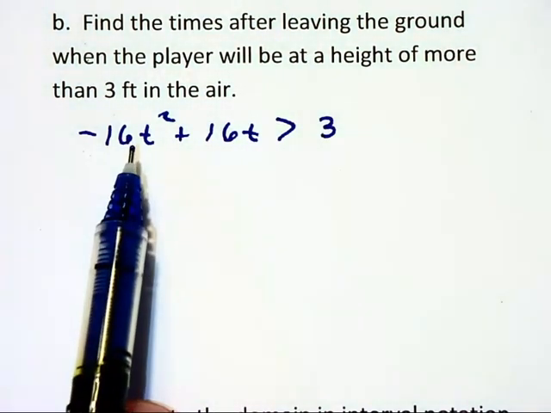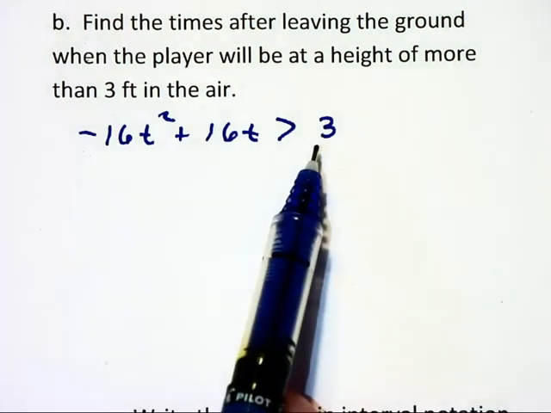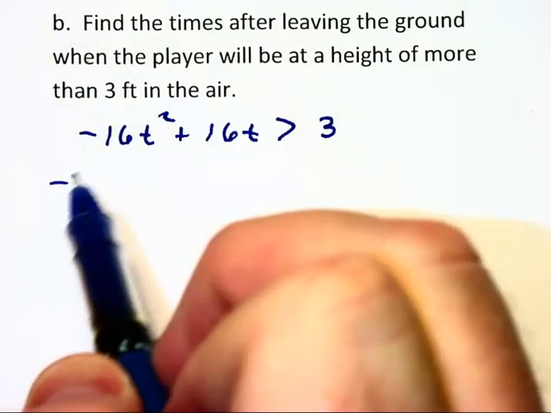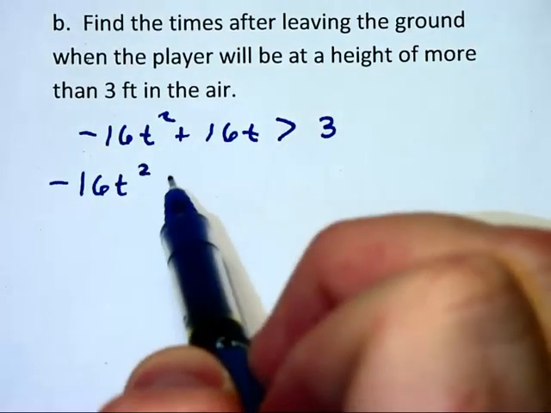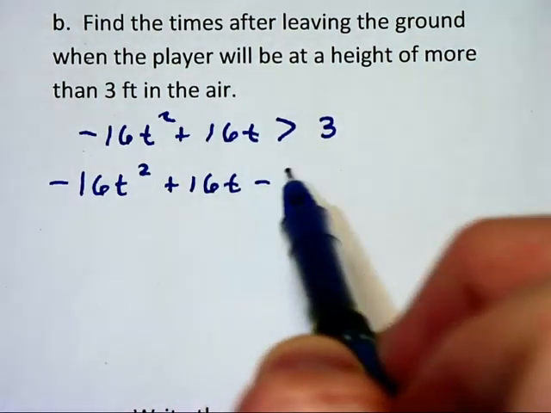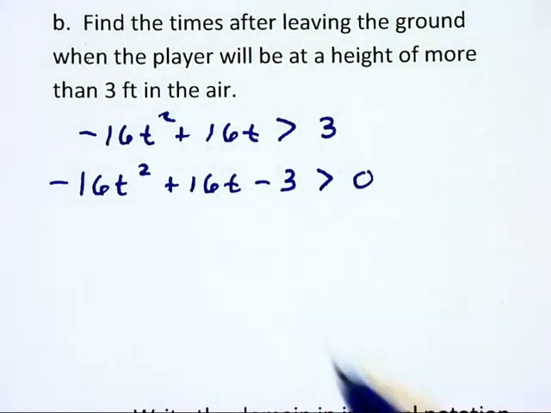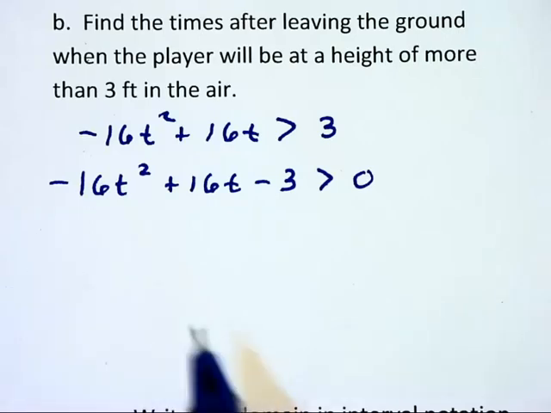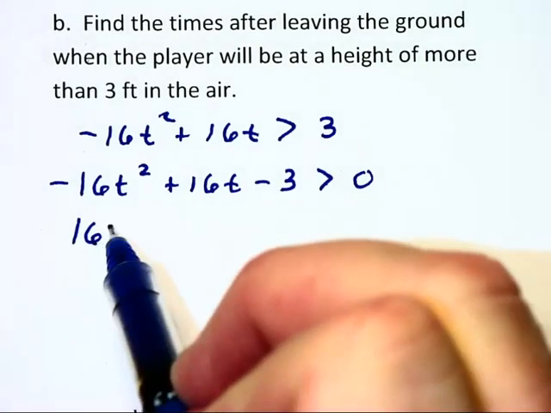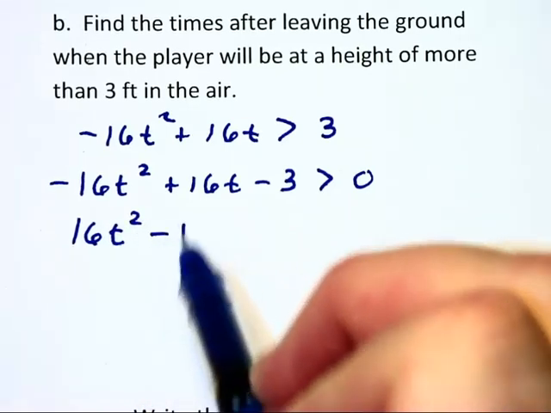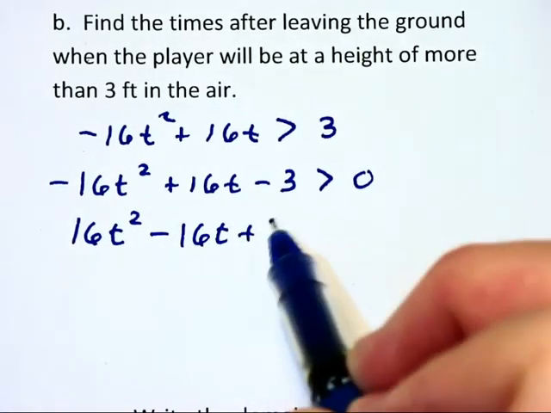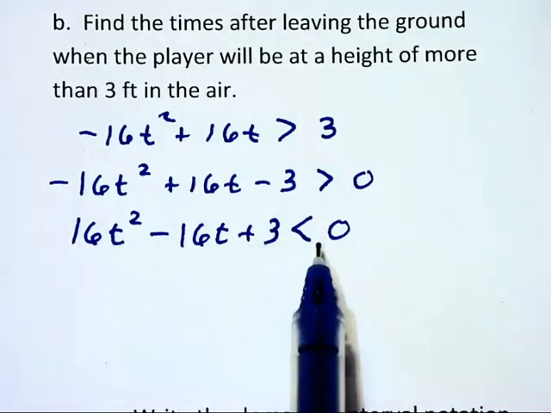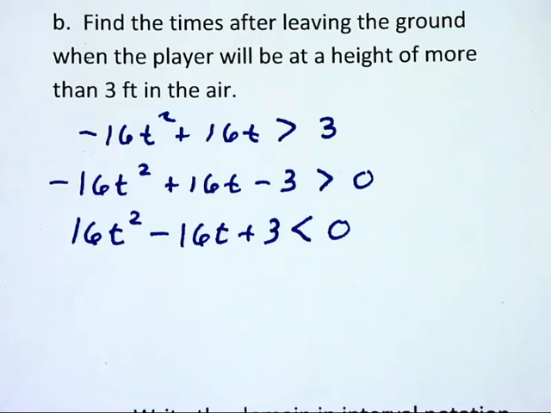And so we have a quadratic inequality, and I would prefer to have a 0 on the right hand side, so I will subtract 3 on each side, and that gives me -16t squared plus 16t minus 3 is greater than 0. Since we don't like that negative leading coefficient, I will divide through by -1, and that will give us 16t squared minus 16t plus 3 is less than 0. Because I divided each side by a negative, I need to change the direction of the inequality.